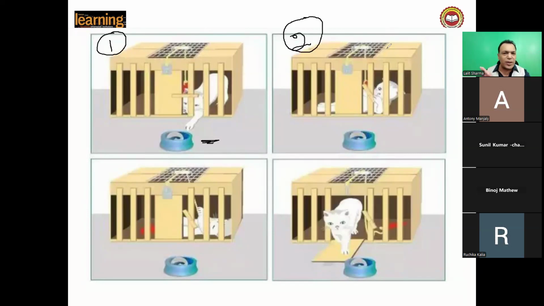And when the cat was doing different kinds of actions, then accidentally the cat pressed the lever. This is the third action. Pressed the lever accidentally. Why? It happened accidentally. And you know what happened? When the cat pressed the lever, the door opened, the cat came out of the cage and got the reward.